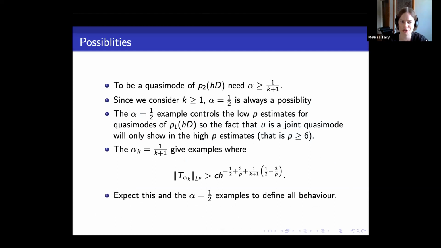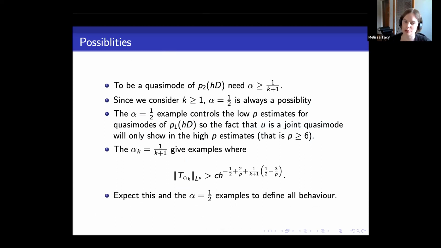Okay, so some possibilities. To be a quasimode of P2, I need that alpha is greater than 1 on k plus 1. I'm looking at k higher than 1. So alpha equal to a half is always a possibility for every value of k.